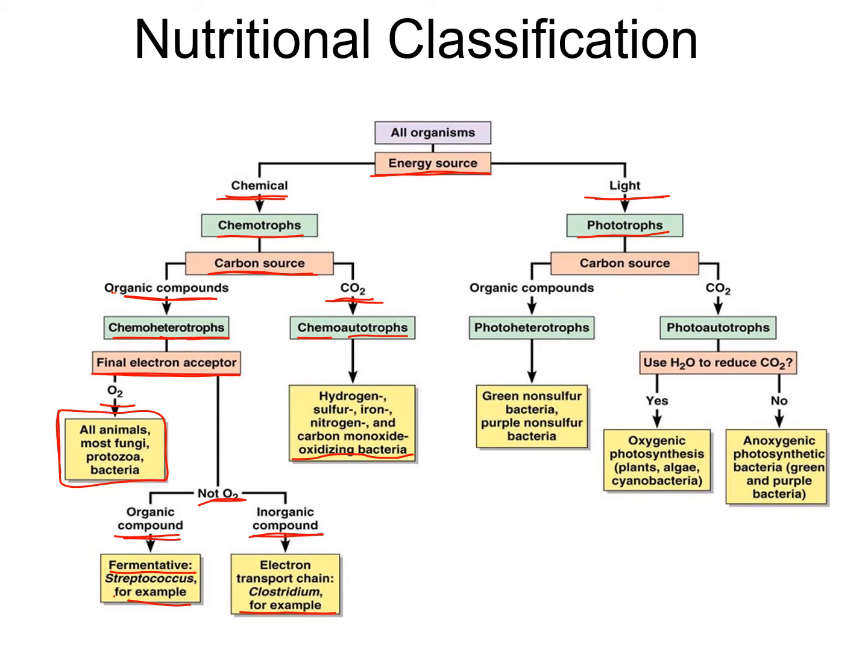Now all organisms need a source of carbon, and for those phototrophs, it can either come from organic molecules or inorganic molecules. And organisms who use light for energy and get their carbon from organic compounds, they are called photoheterotrophs. And these are certain types of unusual bacteria. If we look at those organisms who get their carbon from carbon dioxide, they are called photoautotrophs.